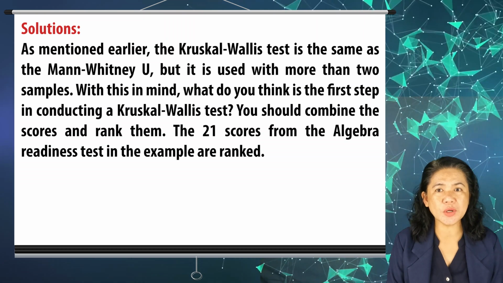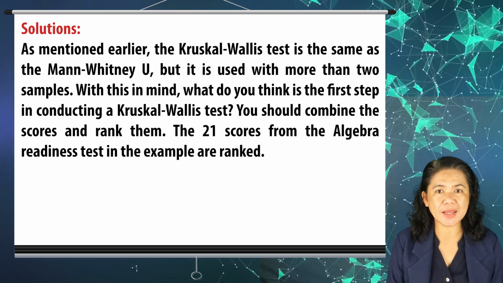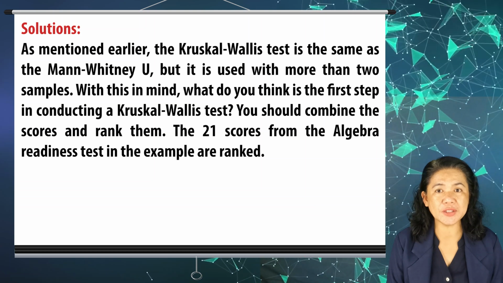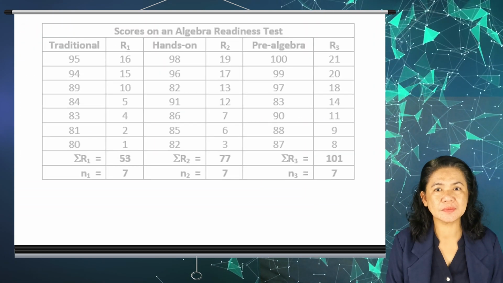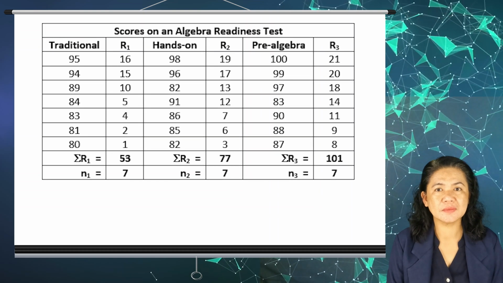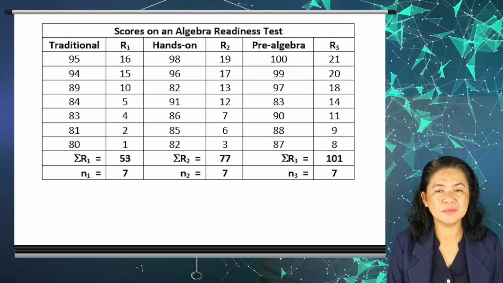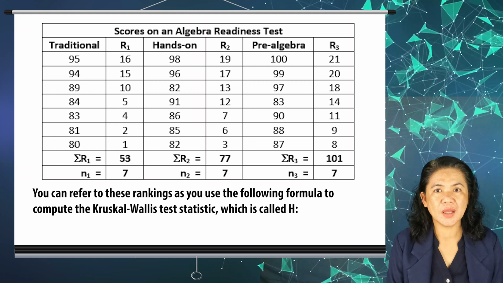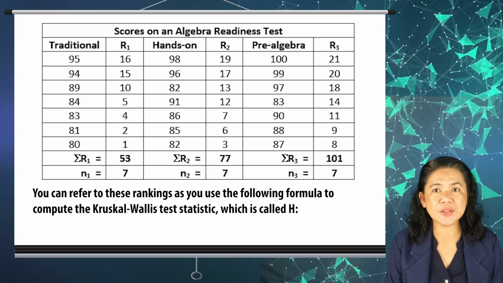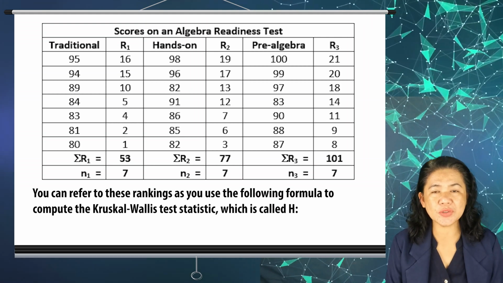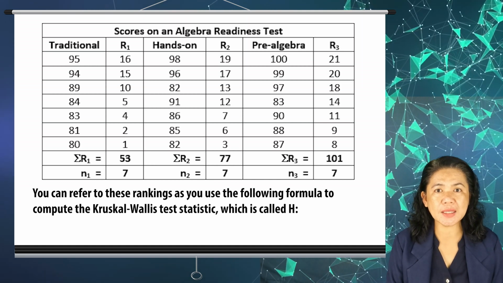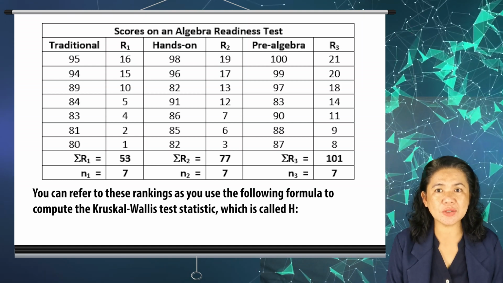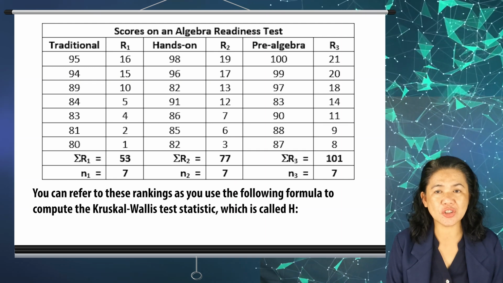The 21 scores from the algebra readiness test in the example are ranked. Take a look at this. You can refer to these rankings as you use the following formula to compute the Kruskal-Wallis test statistic, which is called H.